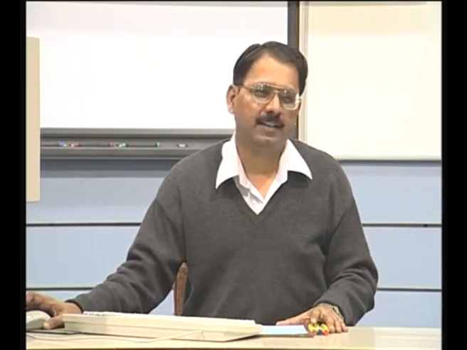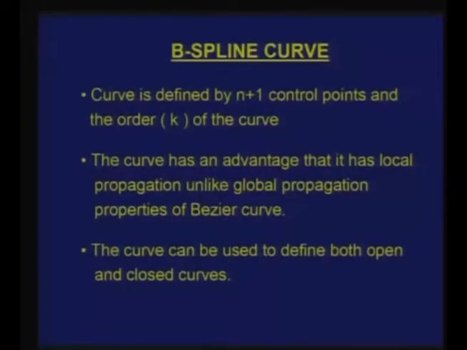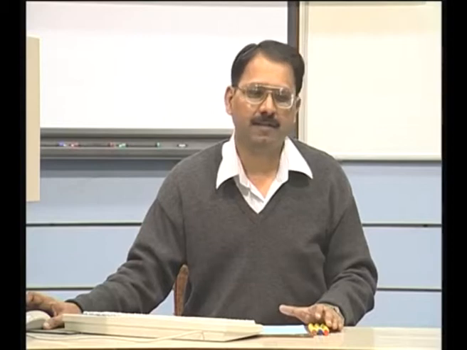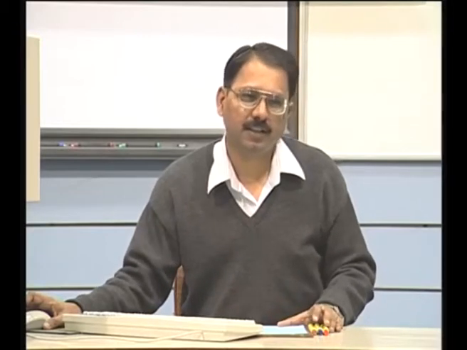If I take k equal to 4, then I will have terms like u cube. So, a cubic corresponds to k equal to 4. If I choose k equal to 3, then I have terms like u square, that is the maximum degree of polynomial.